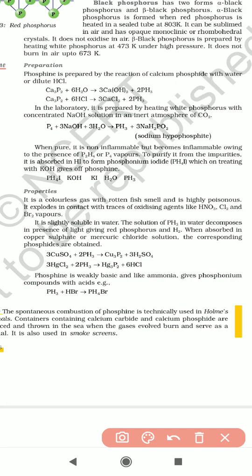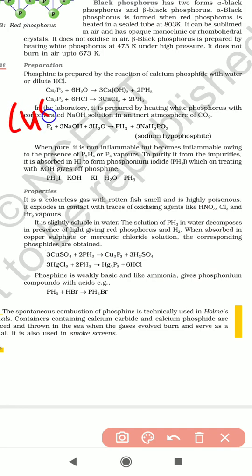Phosphine is slightly soluble in water, giving phosphorus and hydrogen gas. When it is absorbed in copper sulfate and mercuric chloride solutions, it gives phosphides.